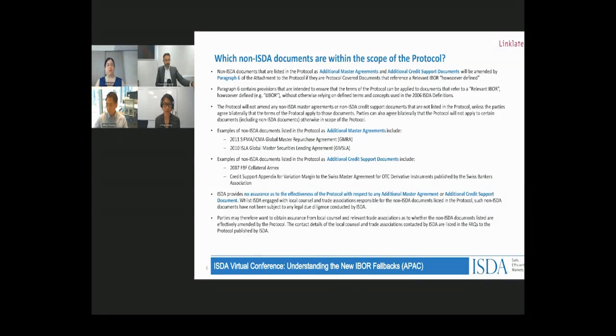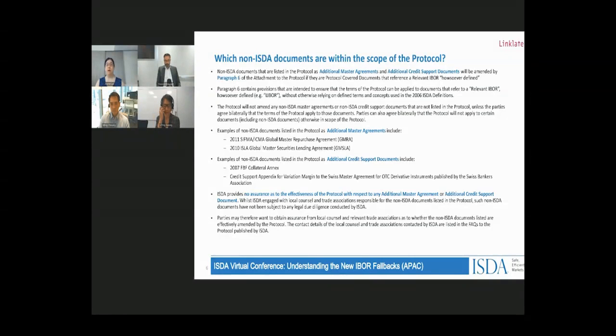The interesting thing that I want to mention about relevant IBORs, howsoever defined, is it does take some time, and I know the panelists earlier covered it, to work through the list of relevant IBORs that are specifically set out. So there is clarity about which particular benchmarks and IBORs are covered.